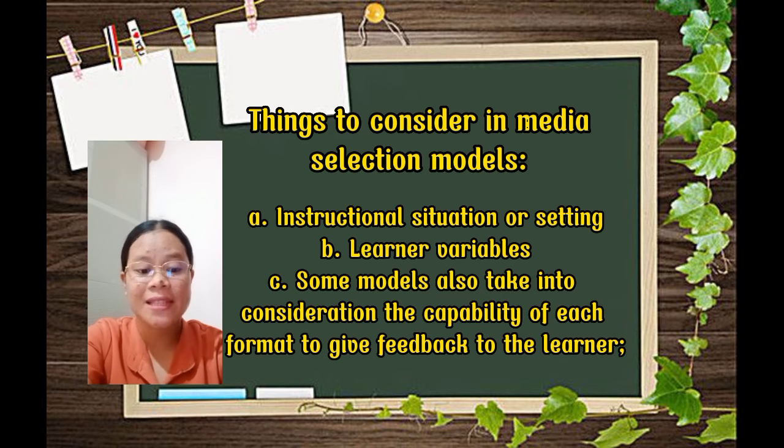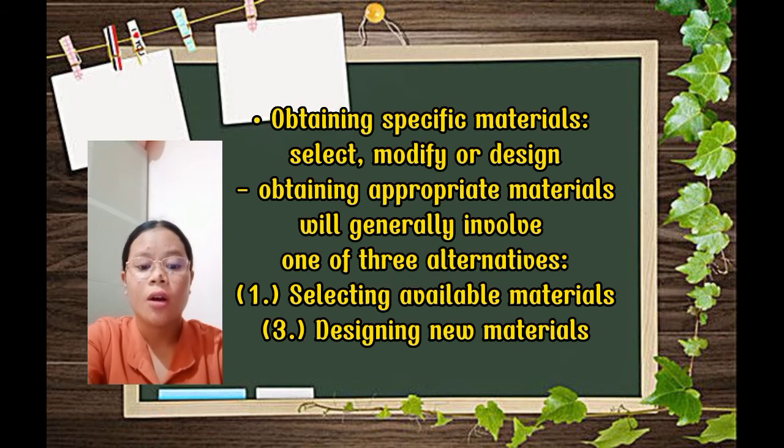Next, letter C. The SAM models also take into consideration the capability of each format to give feedback to the learner. Next is obtaining specific materials: select, modify, or design. Obtaining appropriate materials will generally involve one of three alternatives.